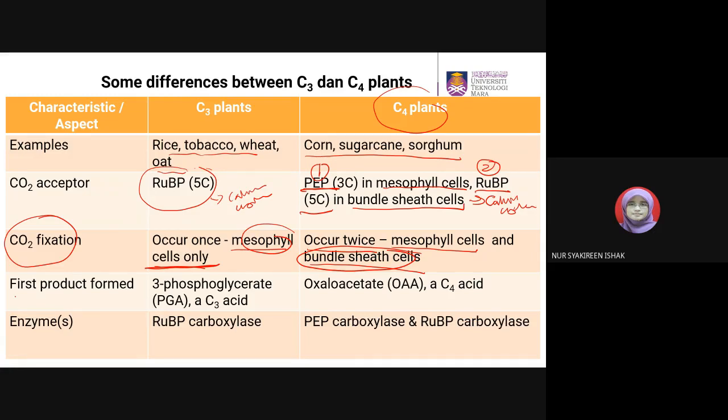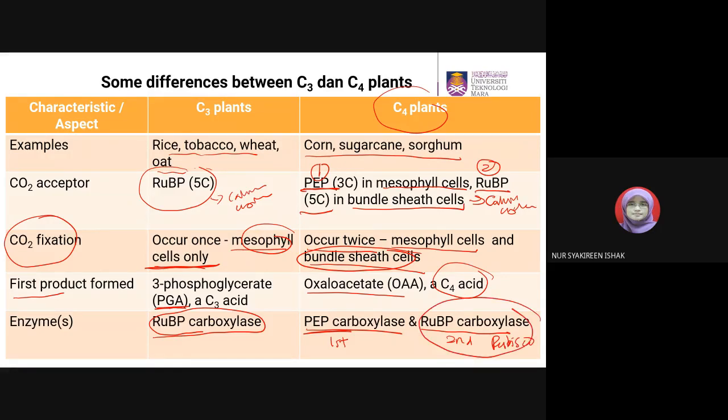For a C3 plant, the first product is PGA, a 3-carbon compound, C3 acid. For C4, it is oxaloacetate, C4 acid. The enzyme for C3 is RuBP carboxylase. For a C4 plant, the enzyme is PEP carboxylase for the first carbon fixation. The second carbon fixation is RuBP carboxylase, or rubisco, in the Calvin cycle.